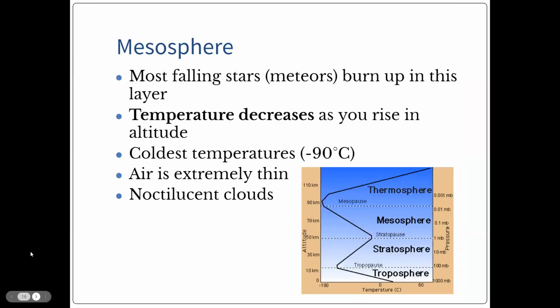Anything from the graphic, but the mesosphere, as I said, most fallen stars, which are meteorites, burn up in this layer, which is a good thing. That means that it does not get to us, especially the big particles. The coldest temperature is negative 90 degrees Celsius, which is severely cold.